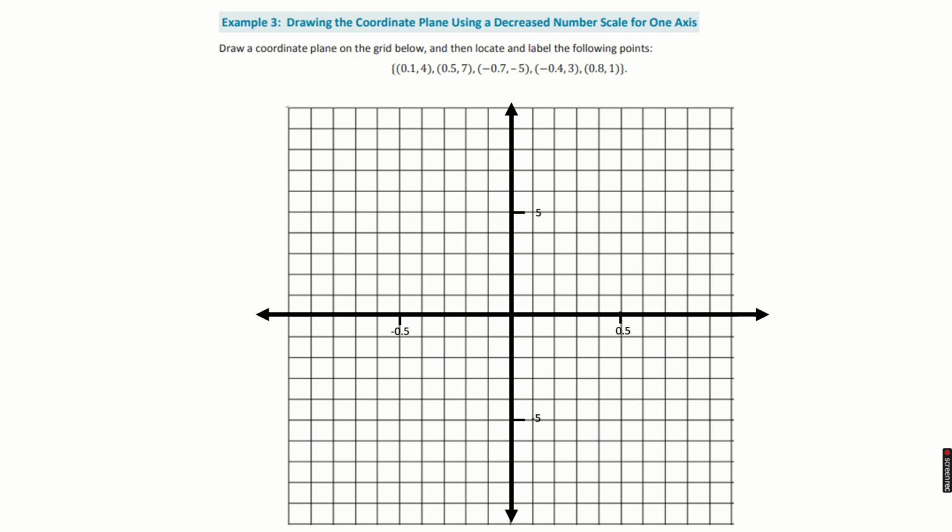So I can go ahead and go with 1 for each there and just make it easy. So my first one, (0.1, 4), (0.5, 7), (-0.7, -5), (-0.4, 3), (0.8, 1).